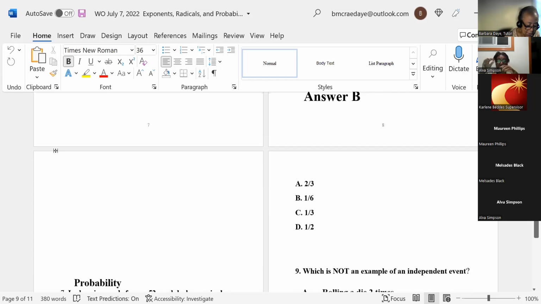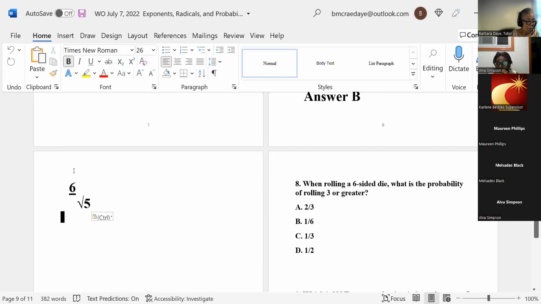You tell me what the answer is. 6 over square root of 15.